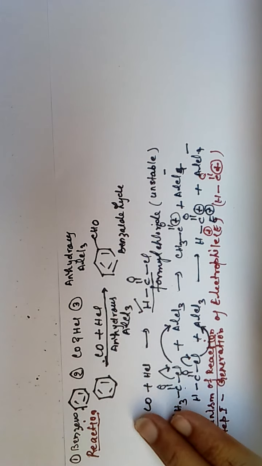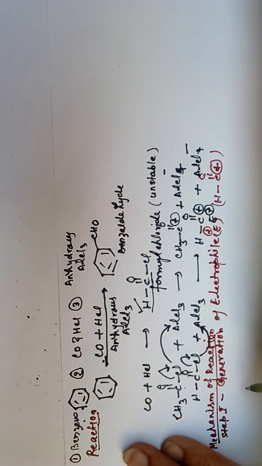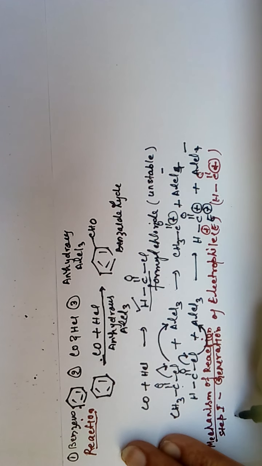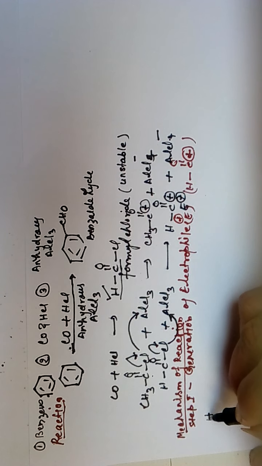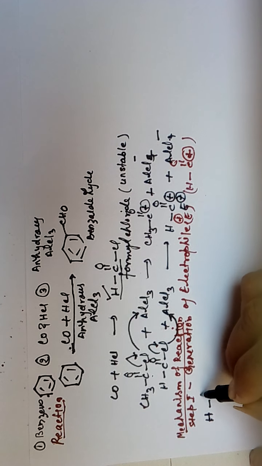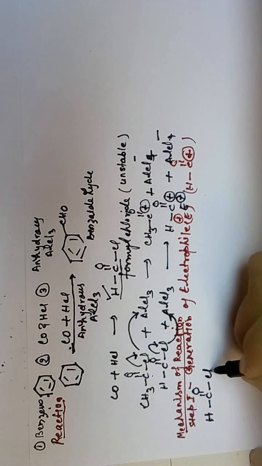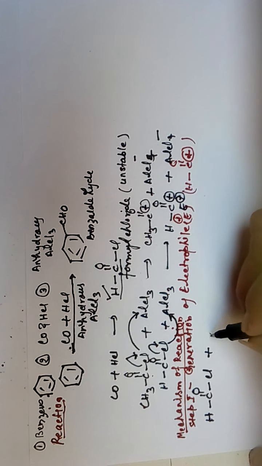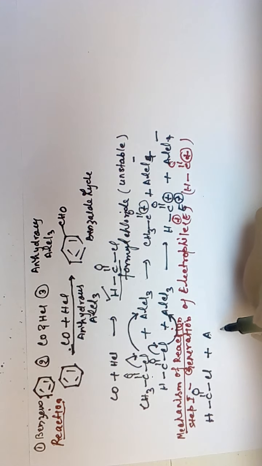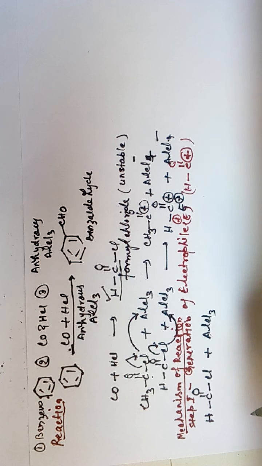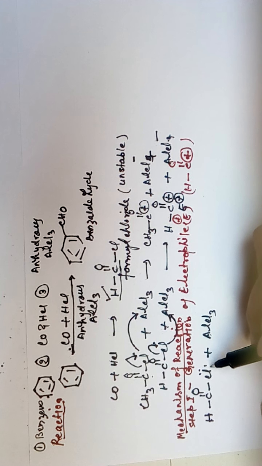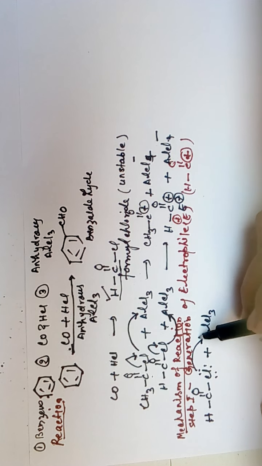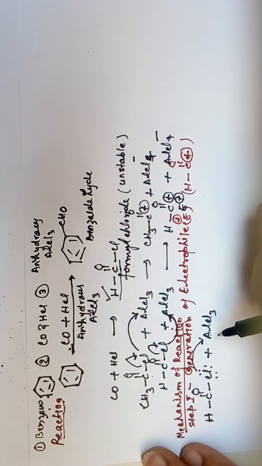We take here H, C double bond O and Cl, and when this reacts with anhydrous AlCl3, aluminium, which is electron deficient, takes electrons from a lone pair on the chlorine.